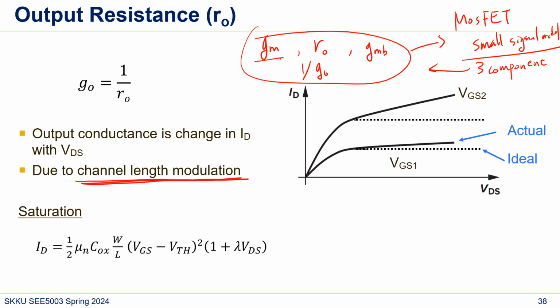So output conductance is the change in ID over VDS, and it means that ID is a function of VDS in saturation. Let's see the graph here.